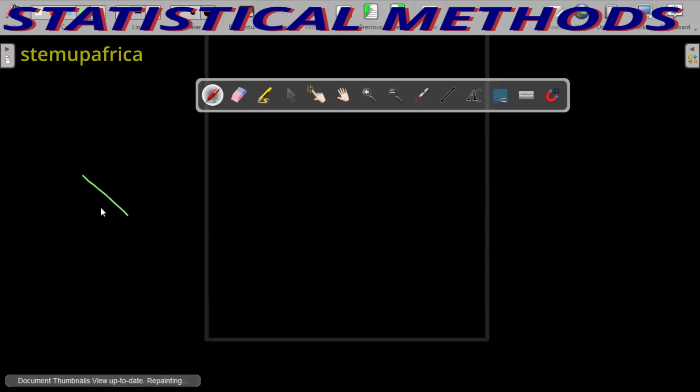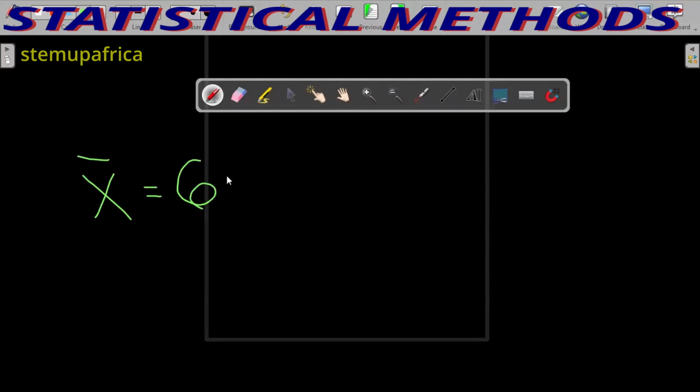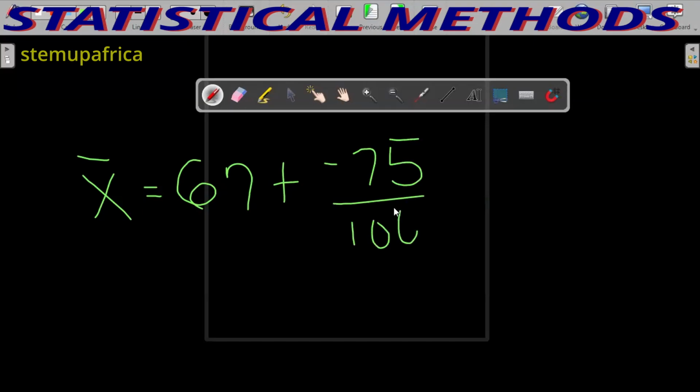So my X bar, which is the mean, is my assumed mean 67 plus my summation FD, minus 75, divided by 100. So X bar will give us 67 plus minus 75 divided by 100.